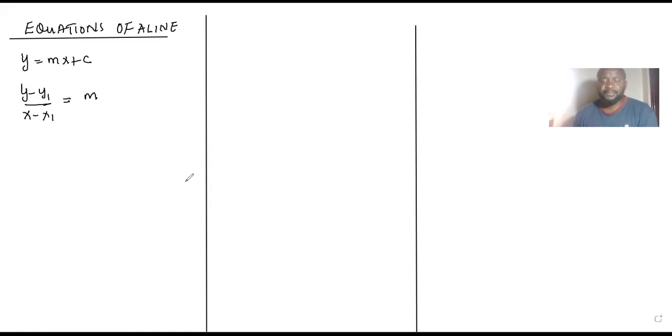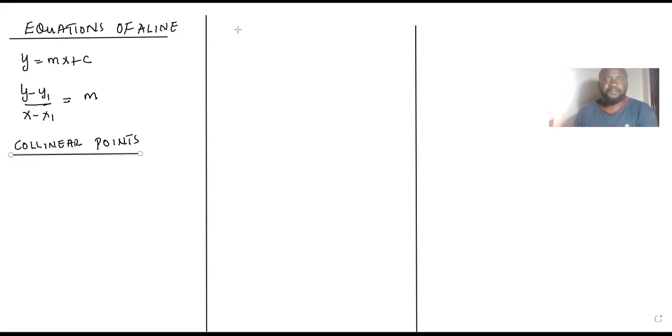For example, we can talk about collinearity or collinear points. If points are collinear, what do we think about them? We should think about them as points that lie on the same straight line. That's why you hear the word collinear.